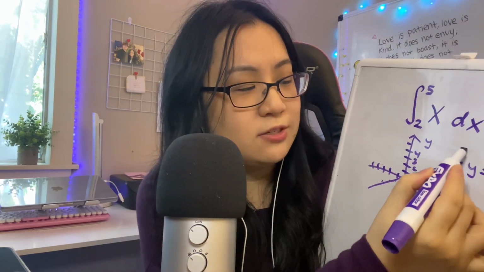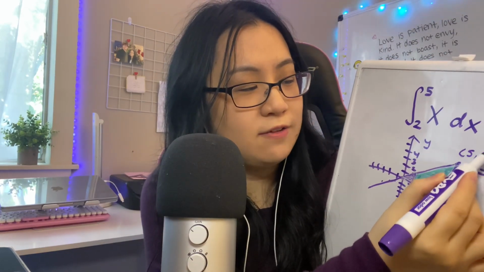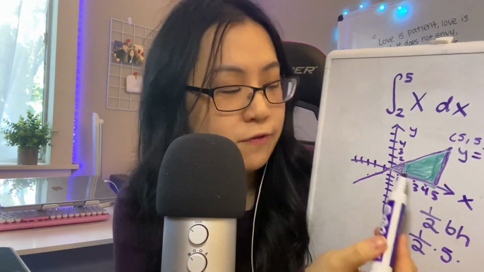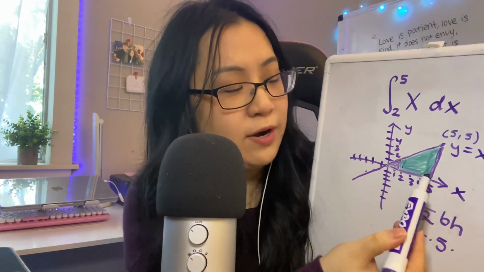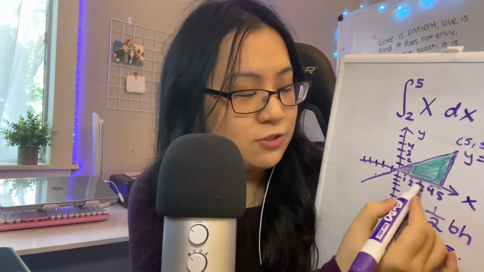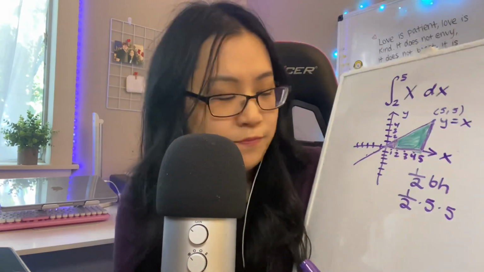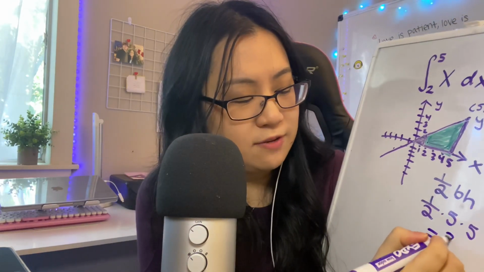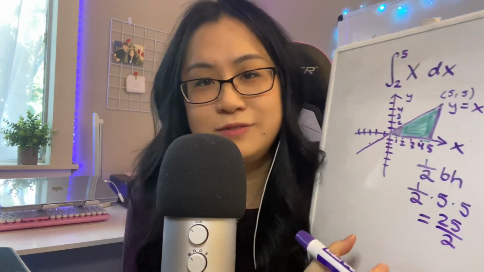So this point here is going to be (5, 5), which means from the origin, I'm going right 5, up 5. So this base will be 5, height will be 5. So half times 5 times 5, which is 25 over 2, which might look familiar. That's the x squared over 2.